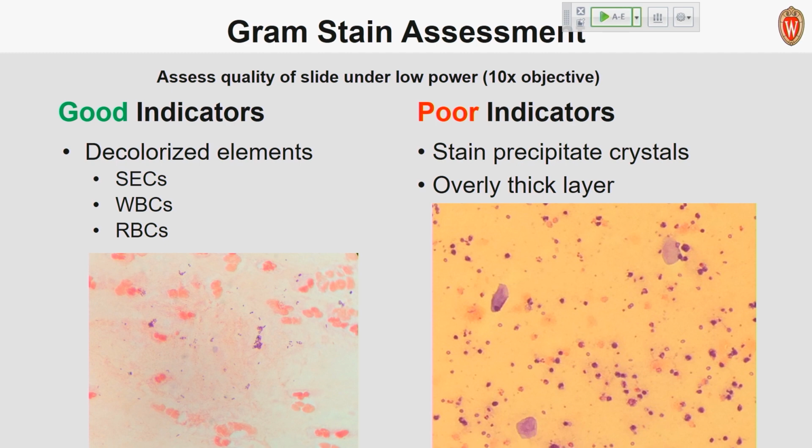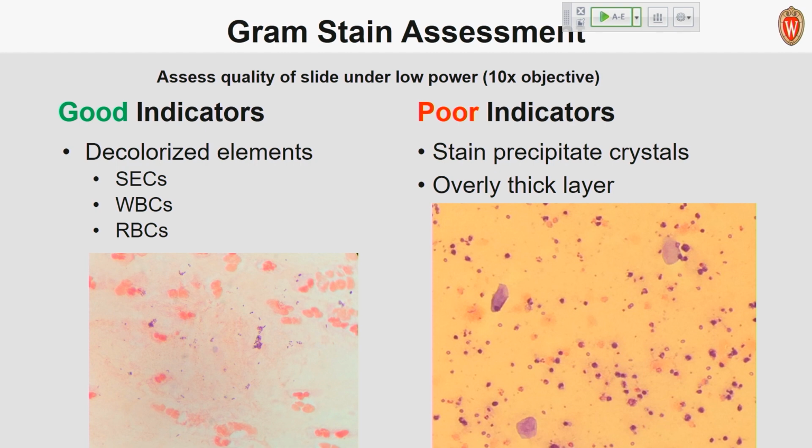So that binds stronger. All right, so you're looking for those decolorized elements. Oftentimes when you're scanning your gram stain, you're already looking for squamous epis and white blood cells, but making sure that they appropriately decolorize so it's not influencing the potential bacteria you have on that slide.